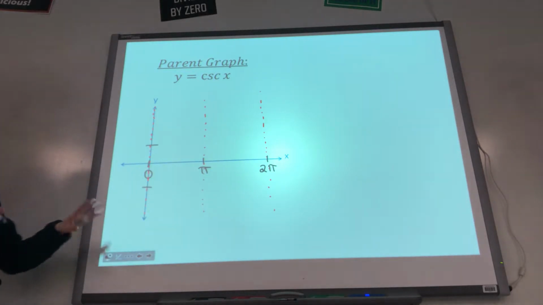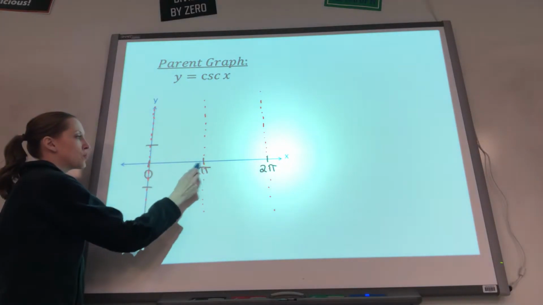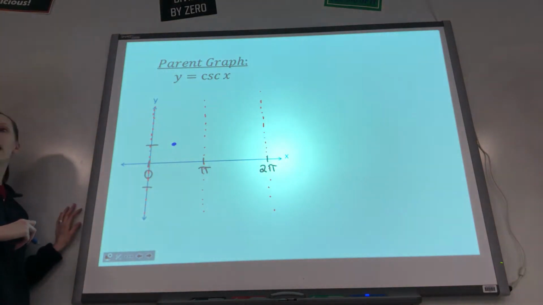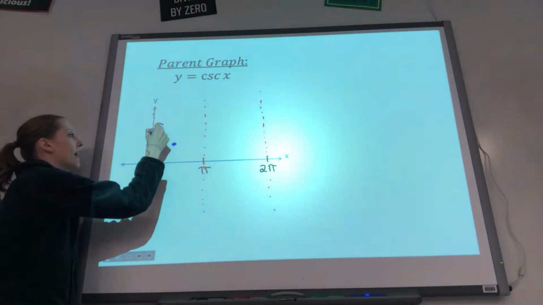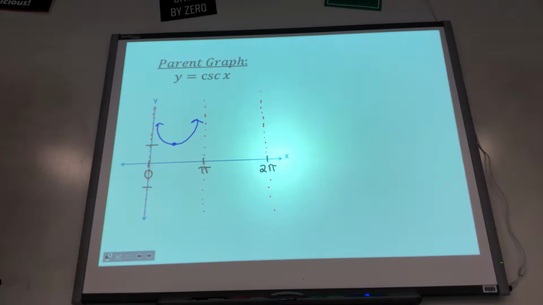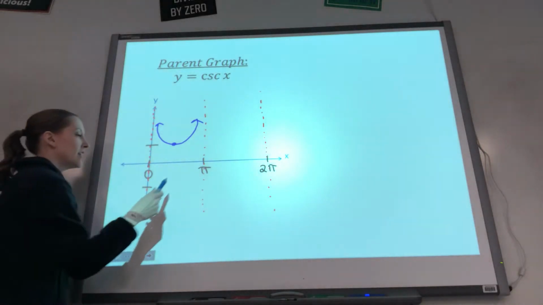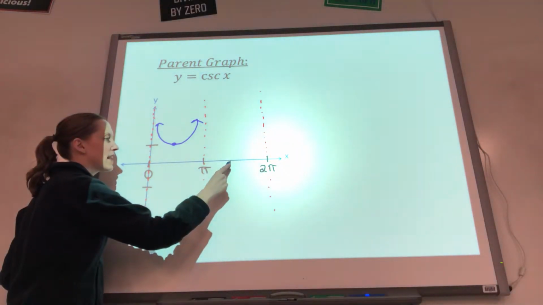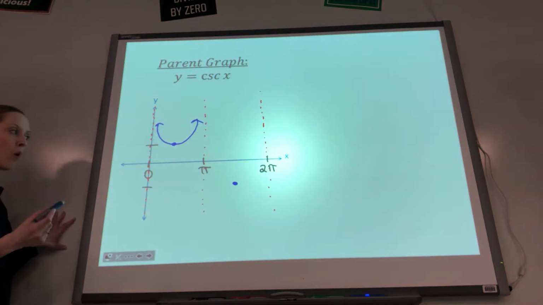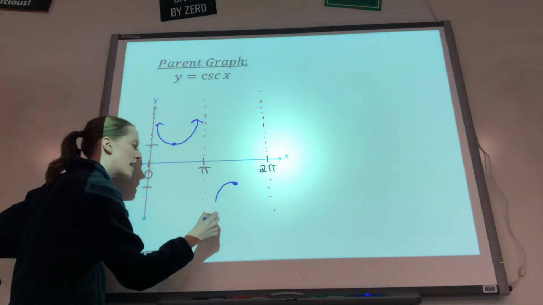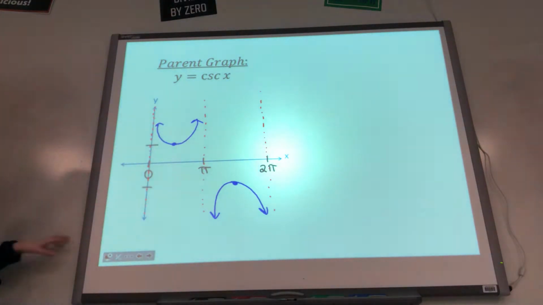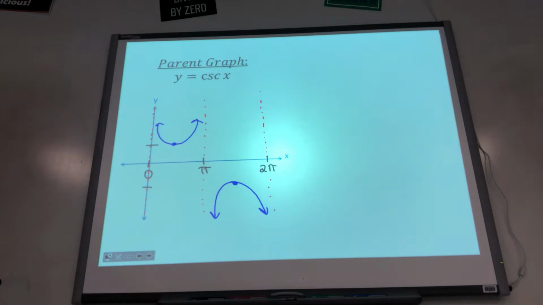It's the same thing with cosecant. Halfway between these asymptotes, I go up to wherever my amplitude is, and I draw what looks like a parabola opening up. And then halfway between these asymptotes, I'll go down and put a point wherever my amplitude tells me. And again, that kind of looks like a parabola opening down.